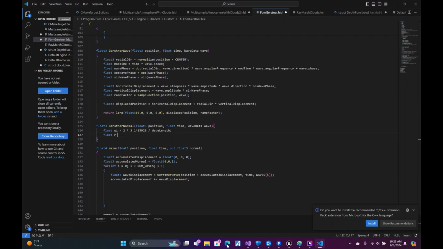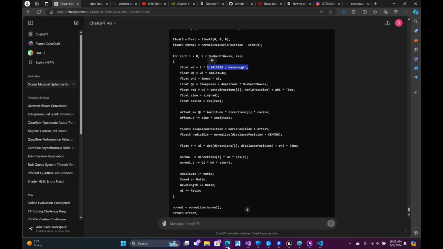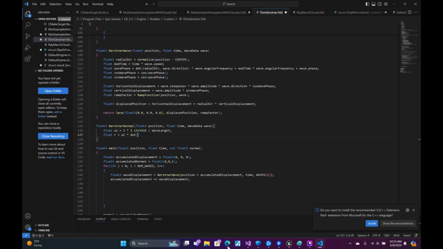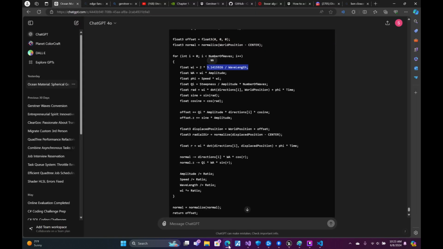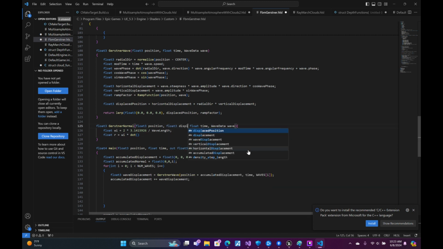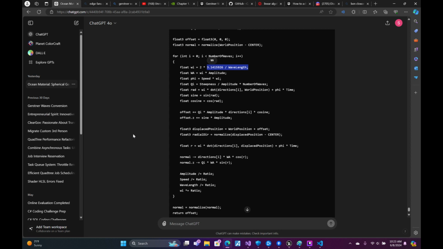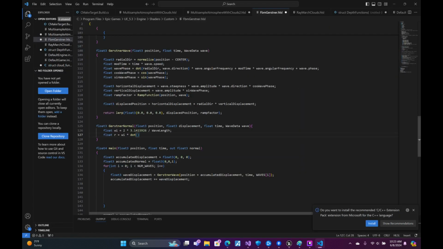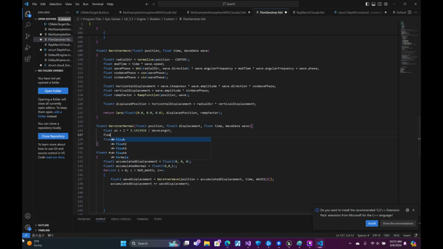Float R equals WI times dot displaced position. Vec3 displaced position equals position plus displacement.